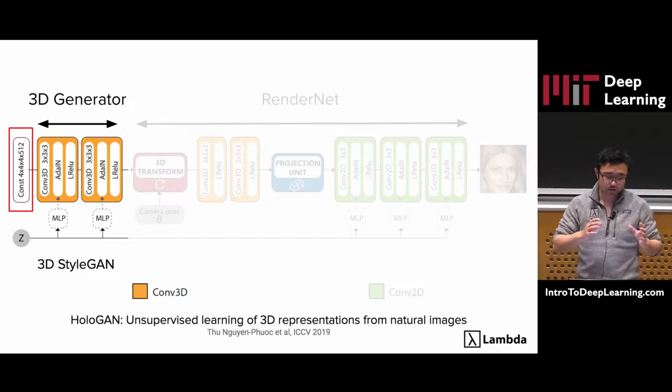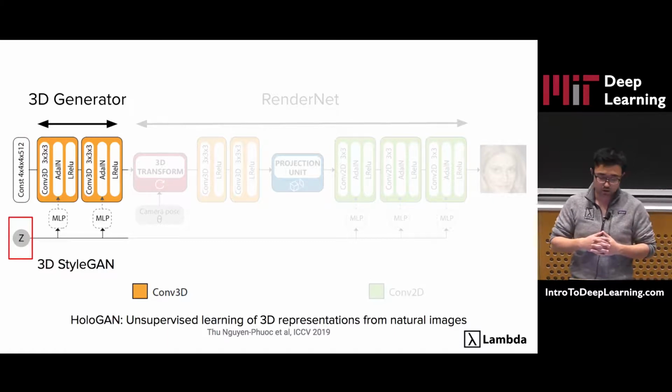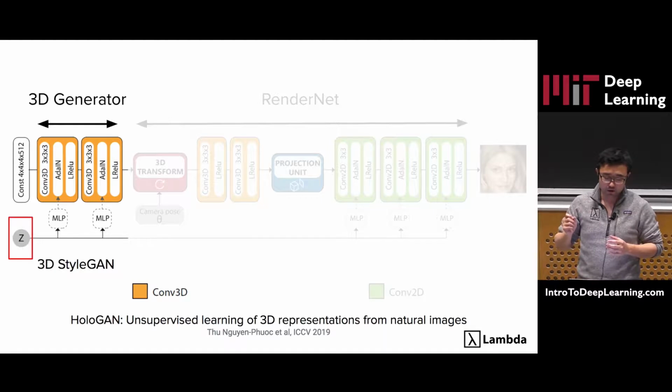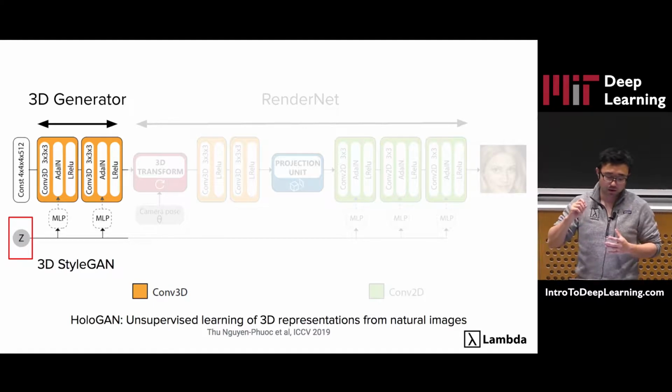And this tensor is going to run through a sequence of 3D convolutions to become the neural voxel representation. The second input is this random vector used as a controller that will be first transformed into affine parameters of the adaptive instance normalization layers all through the pipeline.